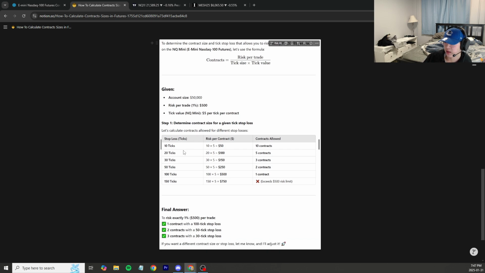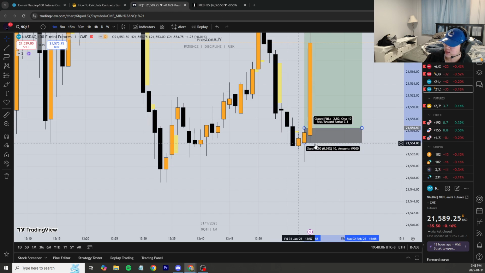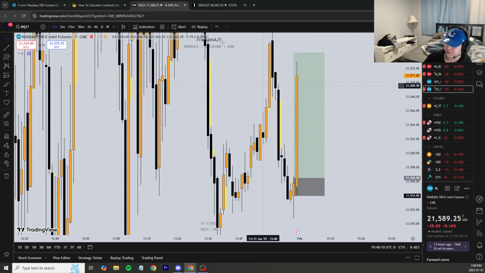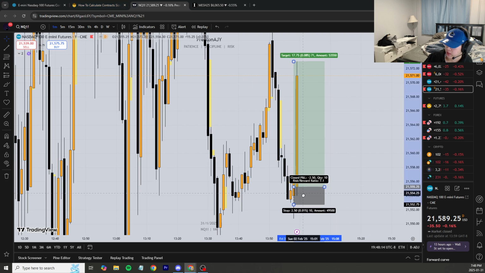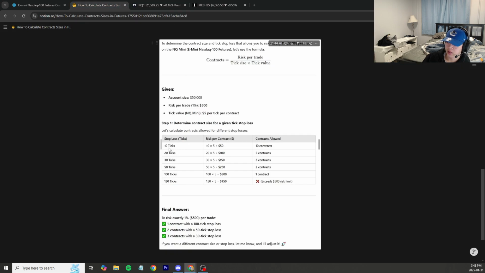I already wrote it down. If you have a 10 tick stop loss on NQ, which is actually crazy because look how small the stop loss is, this is a really small stop loss. If we do the calculations, 10 times 5, which is the tick value, that's going to be $50.